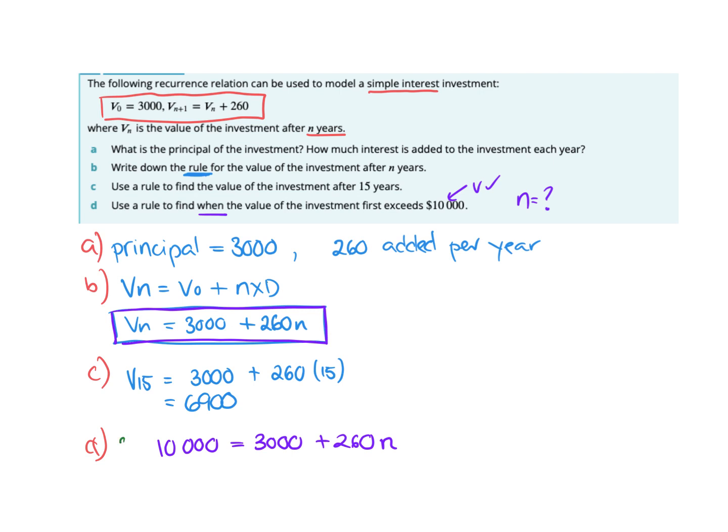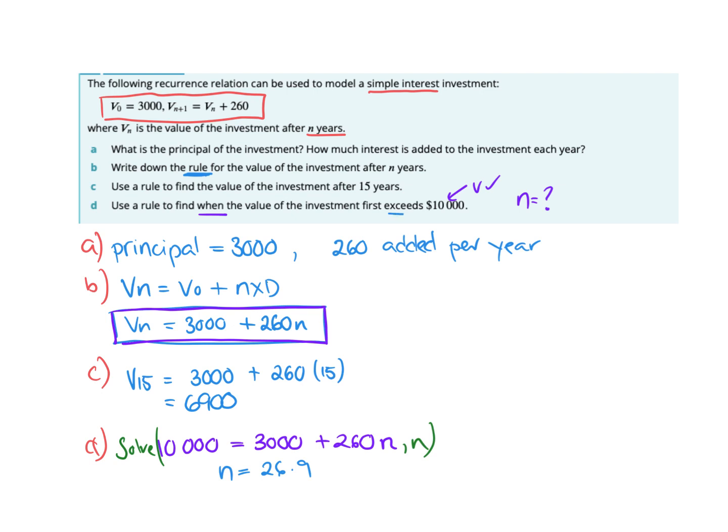Yeah, good. Solve. So we'll just use solve, comma N, and that way we can find out how many years it takes. Alright, so I get it to be 26.9.